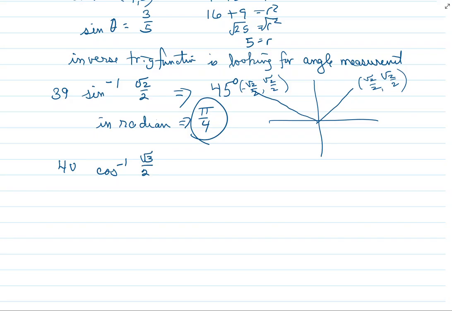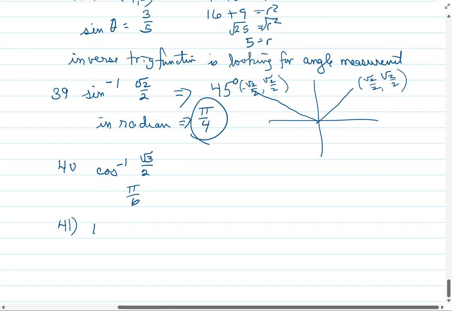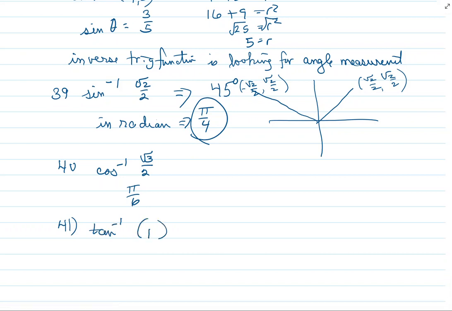Okay. This one wants the square root of 3 over 2, and this is pi 6, because it's cosine, so it's the x value. And this one wants tan inverse of 1. Well, the only way that's going to happen is in 2 of them, the 45 here and the 45 here.